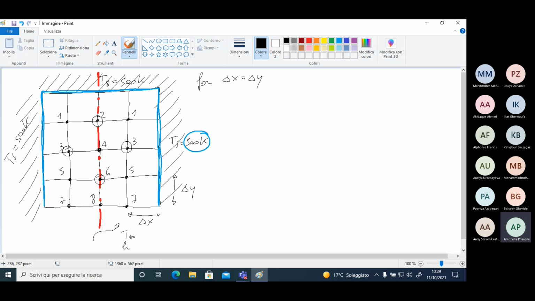The temperature of a node 4, for example, is the average of the temperature of the node 2, the node 3, the node 3, and the node 6. Remembering this point, I can write for the interior nodes the following equation that now I write.